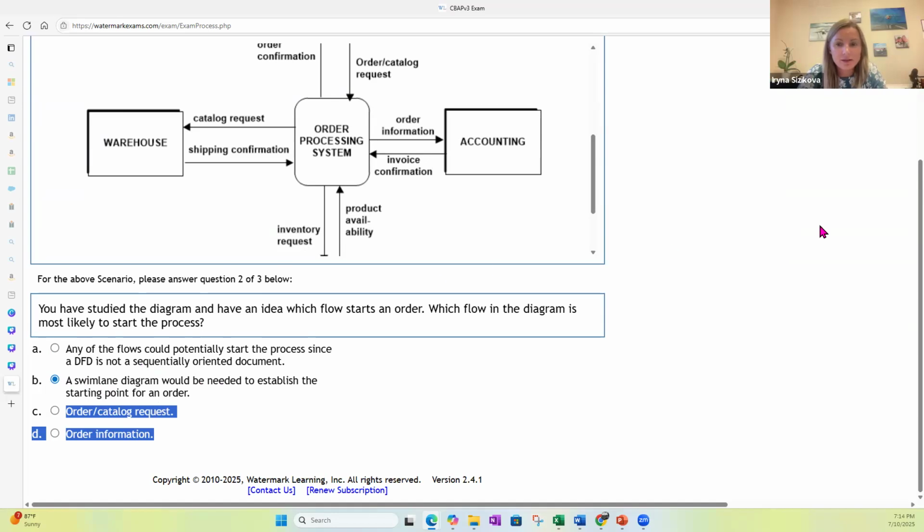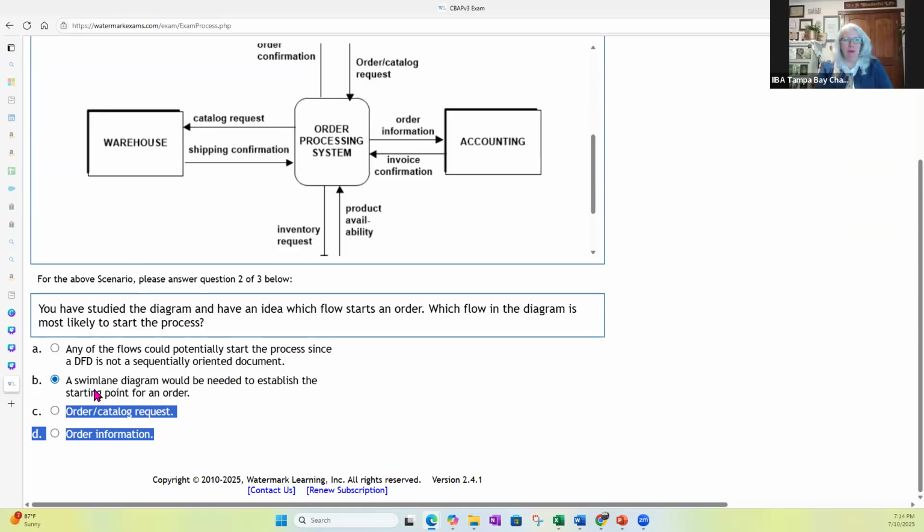I don't actually love swim lane. I don't know what the right answer is. A sounds the most plausible in general, but I don't like that either, so I don't like any of these. I go with the order and catalog request. I will kind of tell you that too.